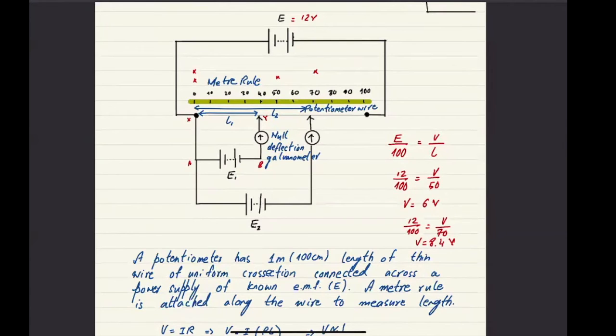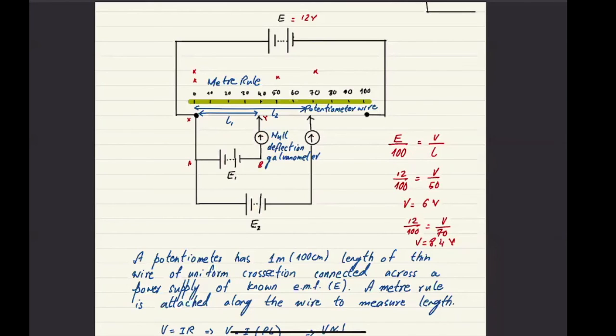So you connect two batteries, one with unknown EMF and the other with known EMF, and they are connected with a null deflection galvanometer. A null deflection galvanometer is basically a sensitive ammeter which shows deflection in both directions. First of all, it's very sensitive in measuring the current. Secondly, because it can deflect to both sides, it also tells you the direction in which the current is flowing.